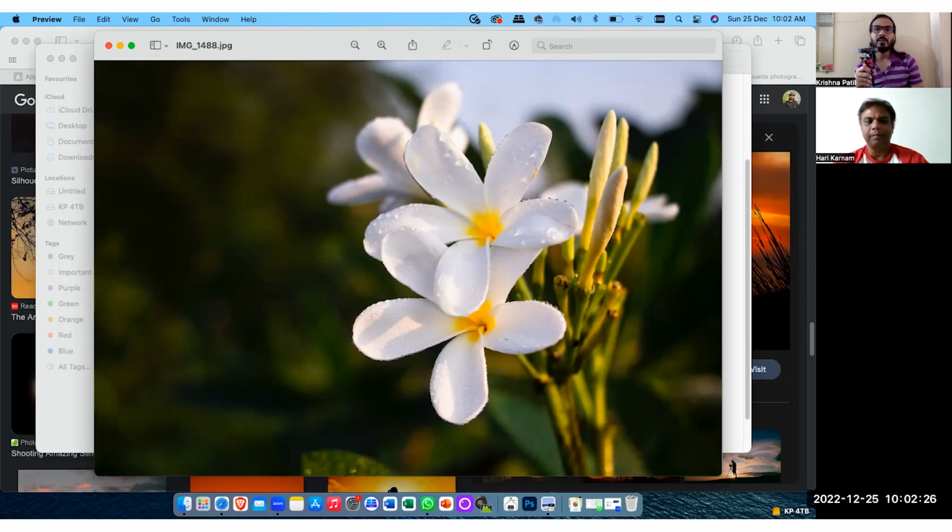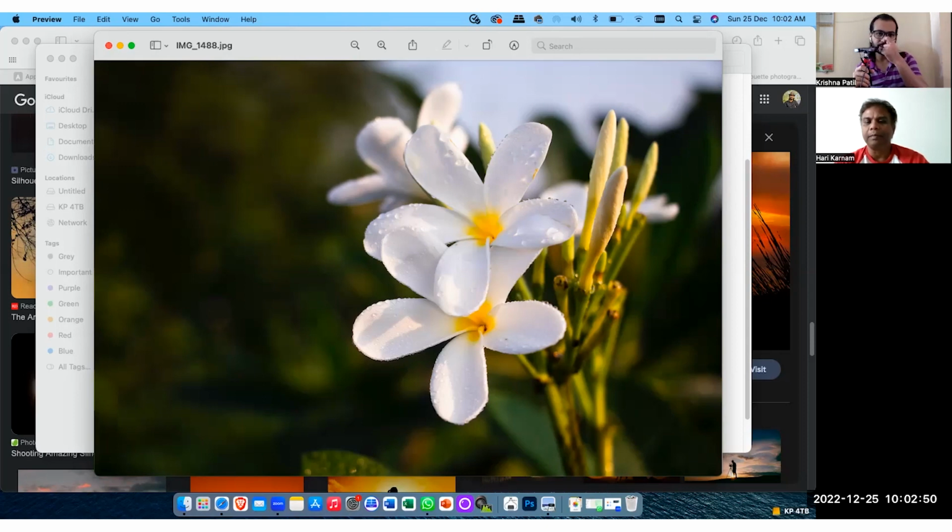Now tell me, at 135, what is the maximum aperture I can get in my lens? Yes, at 135 it is 5.6. I cannot go lower than 5.6; that is the limitation.